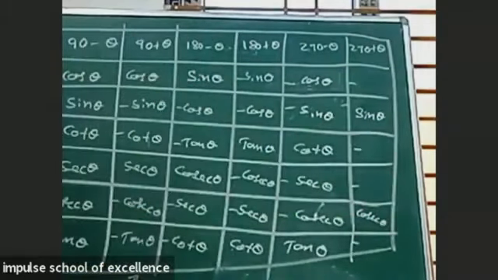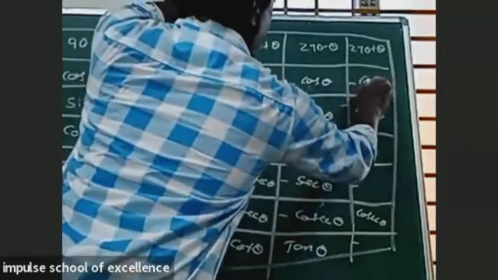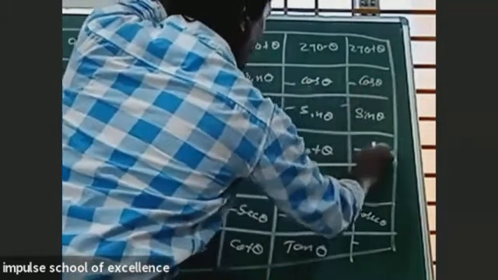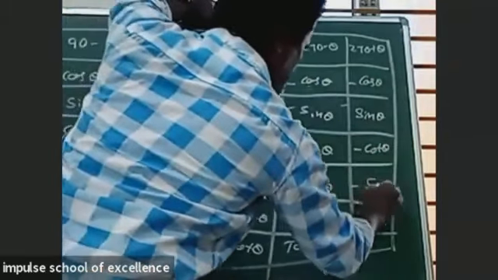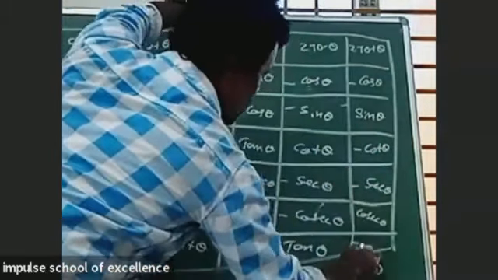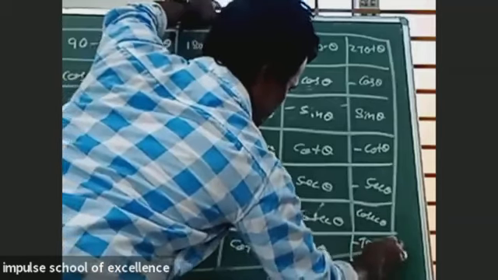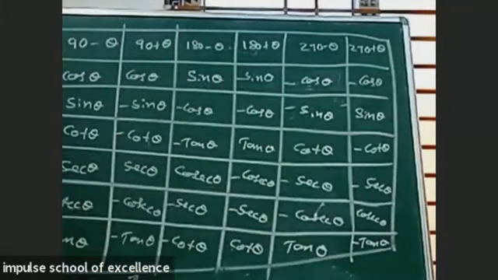So it takes minus cos theta, minus cot theta, minus secant theta, and minus tan theta. So I think you got to understand.